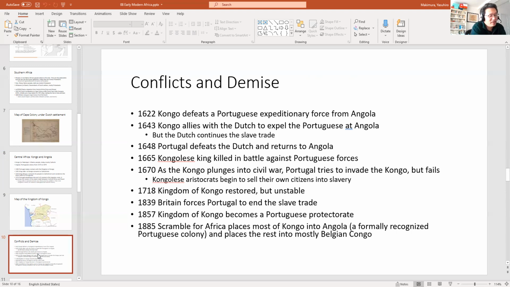And 20 years later, the Congolese come into contact with the Dutch, because the Dutch are now trading starting in the 1600s. The Congo signs an alliance with the Netherlands, the Dutch, and together they actually do manage to expel the Portuguese from Angola.